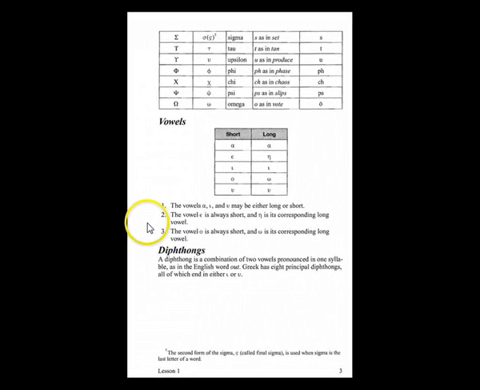On page 3, we finish out the alphabet with sigma, tau, upsilon, phi, chi, psi, and omega. I encourage you to learn the uppercase letters, and you receive extra credit points on the grammar reviews this semester for writing the uppercase letters.